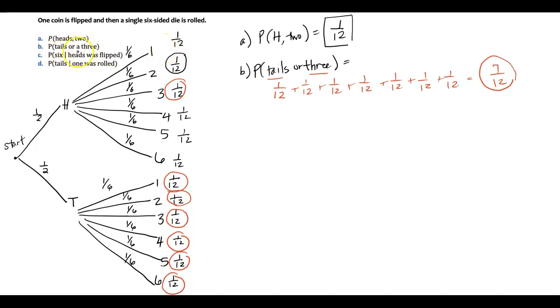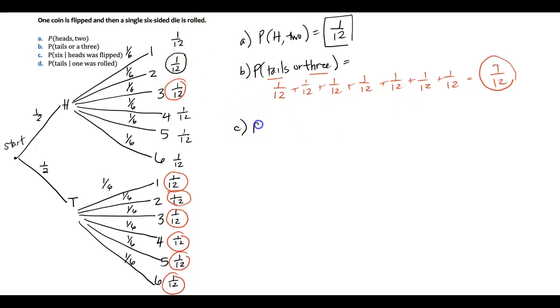In part B, we were looking at more than one branch meeting the description, and so we took the total complete branch and added any branch that met our description, and by adding the branches together, our probability increased and became more likely.